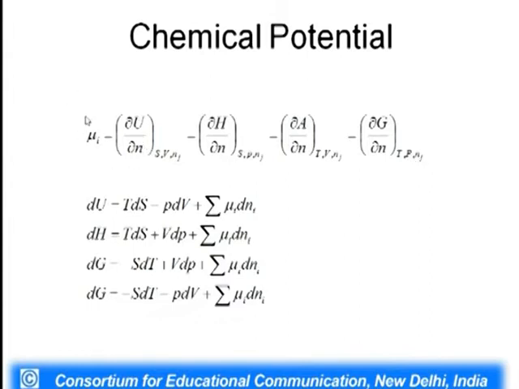So, if I put this mu i in place of this derivative, what we will get is these equations: dU is equal to T dS minus P dV plus sigma mu i dni, dH is equal to T dS plus V dP plus sigma mu i dni, and similarly you get 4 equations, which are important when you are dealing with chemical reactions or phase changes.